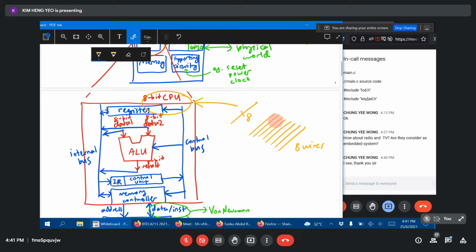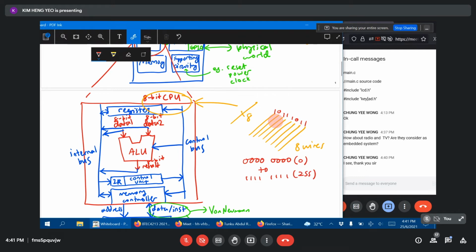These 8 wires can carry, let's say, 1011. So any number between 00000000 and 11111111, which is any number between 0 and 255.